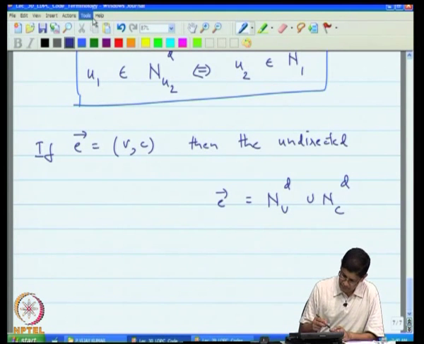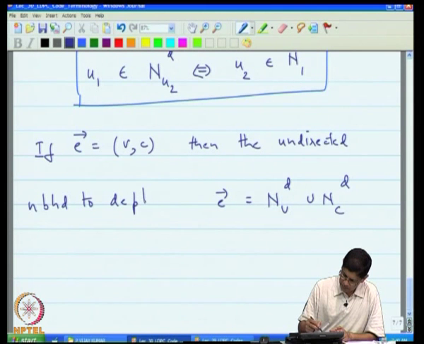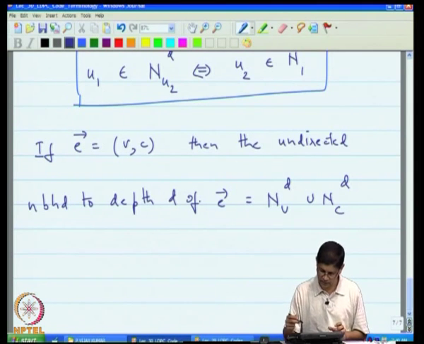Then the undirected neighborhood to depth d of the directed edge is this.